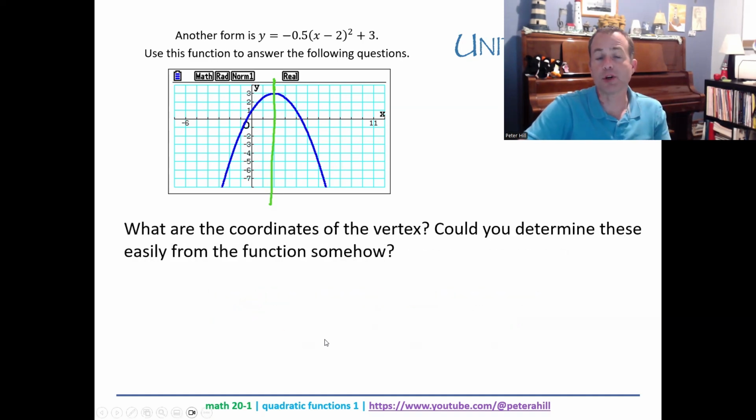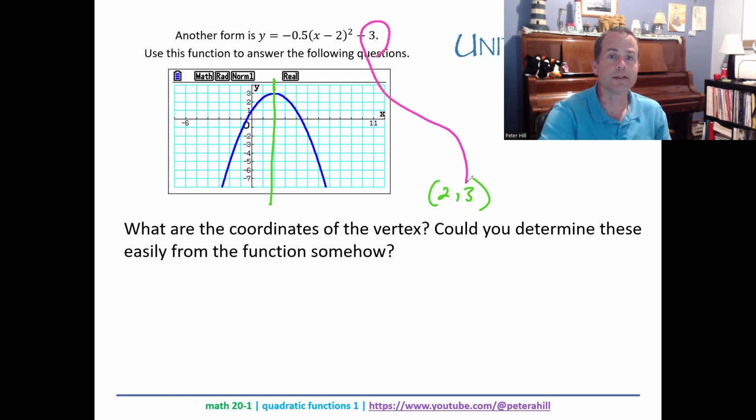All right, what are the coordinates of the vertex? Well, we know this now. The coordinates of the vertex are (2, 3). Now, the next question is, could we determine this easily from the function somehow? Again, would I expect you to come up with this right on your own right now? Absolutely not, but take a look at this.